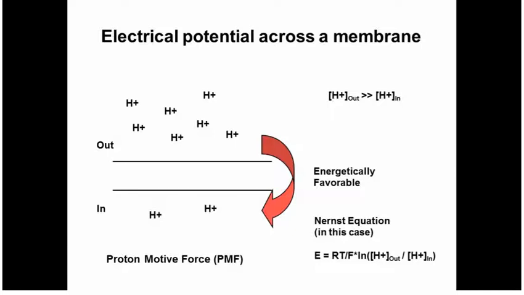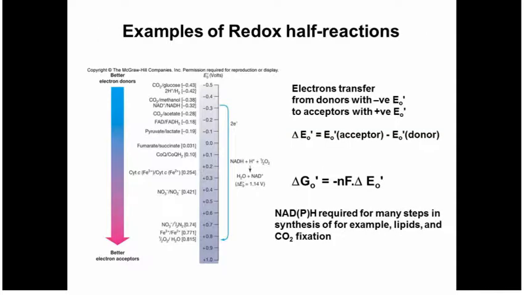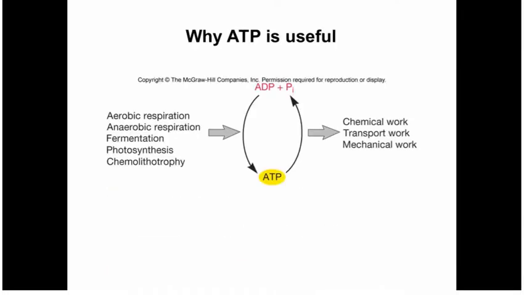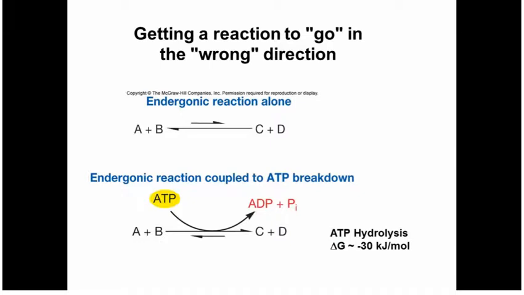If you've got a really good proton gradient, then that means you can power reactions that require either a big redox potential difference or a big delta G, like ATP formation.